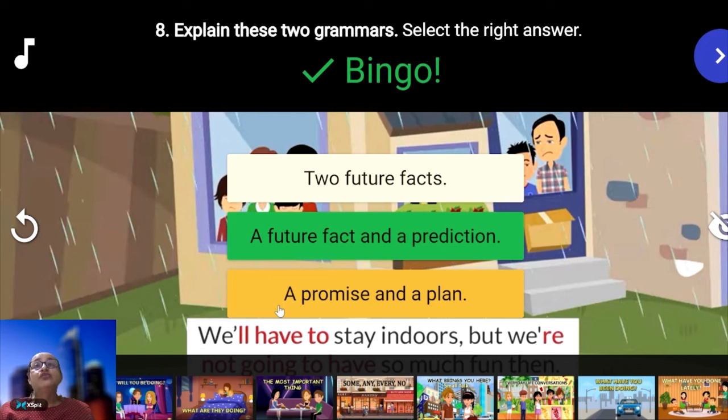There are certain instructions that you should follow to do your digital book. I'm going to send you a rubric to evaluate the digital book. So please complete your homework. Also, you have a video related to will and be going to. So please watch the video.